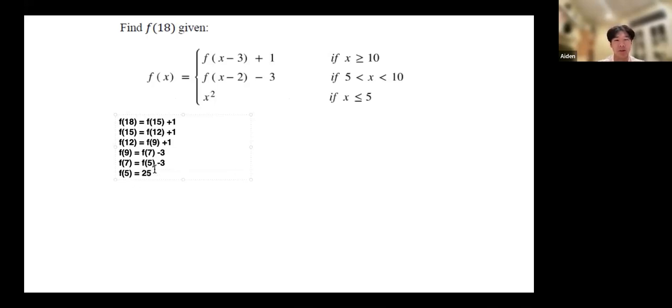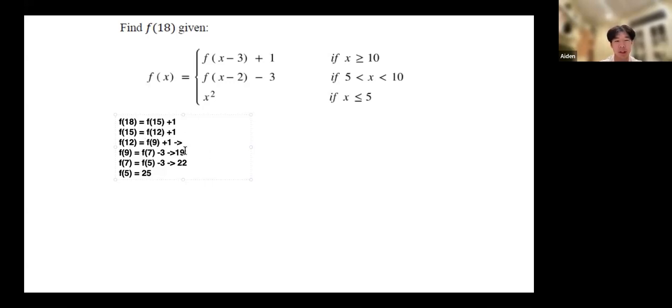Now that we have f of 5, we can figure out what f of 7 is. Since f of 5 is 25, 25 minus 3 would be 22. Then f of 9 is f of 7 minus 3, and 22 minus 3 is 19.